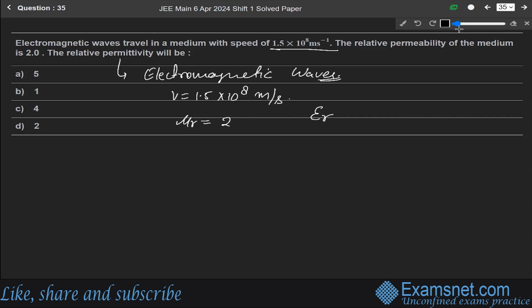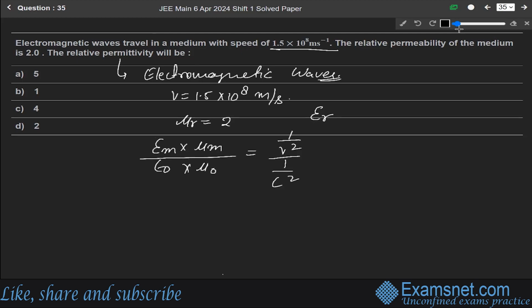Since we know a formula that epsilon m × mu m over epsilon naught × mu naught equals 1 over v square over 1 over c square. We all know this formula, that epsilon m × mu m is 1 over v square and epsilon naught × mu naught is 1 over c square.